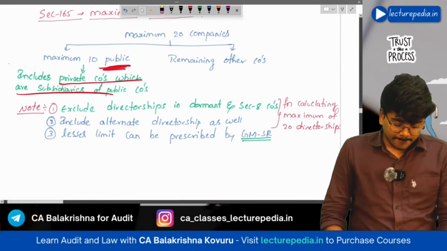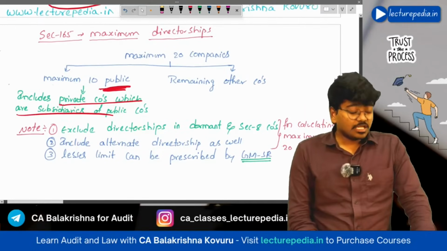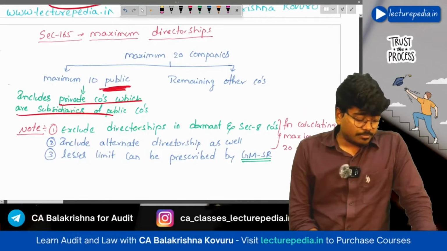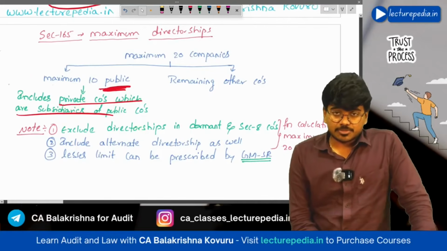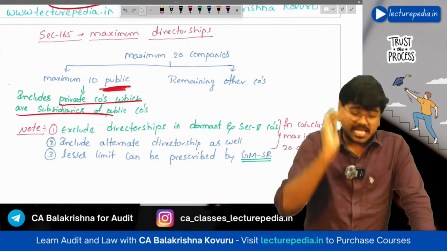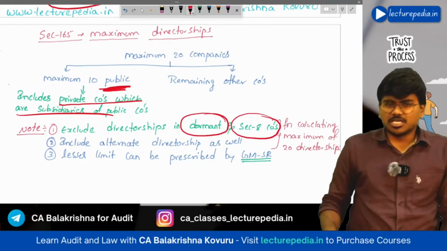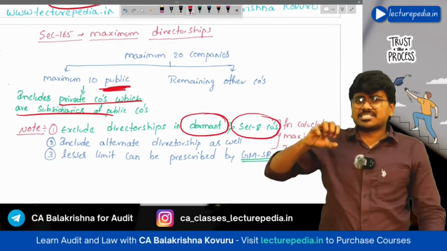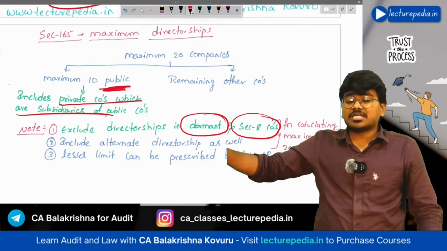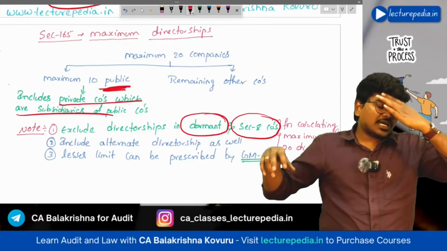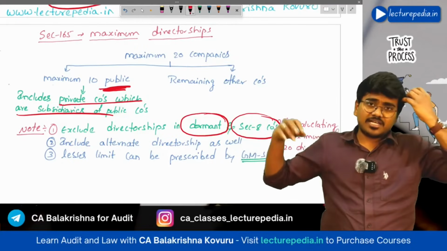And for calculating this maximum of 20 directorships, you can exclude your directorships in dormant company and section 8 companies. Okay, the directorships that you are holding in dormant company means the company is not doing any significant business.